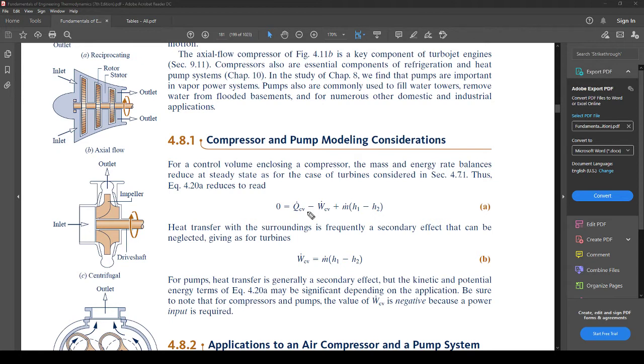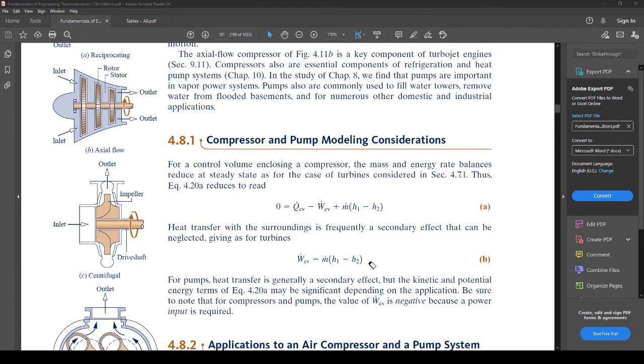It doesn't, because it's not an expansion process, it's a pressure gaining process. We have work, which is a negative work. We have to put this in. Heat transfer, like the turbine, is generally reduced to 0 because we just say it's well insulated or it's just small relative to everything else.